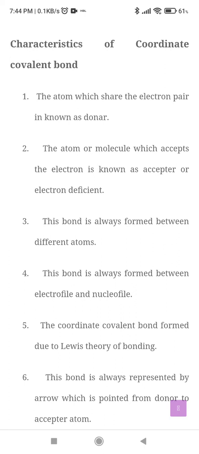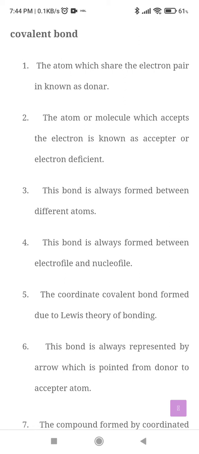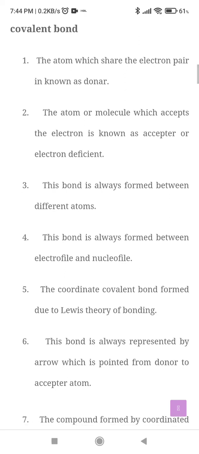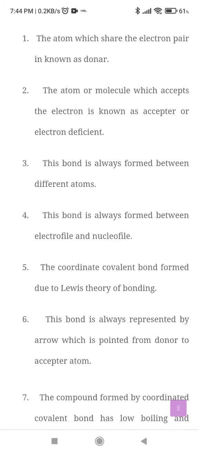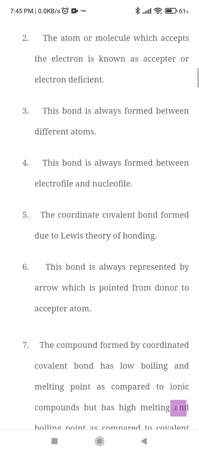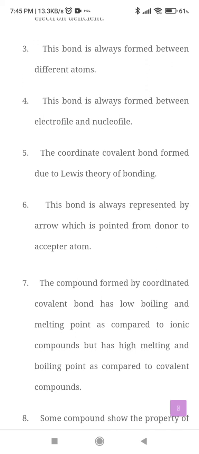This is also the most important thing. This bond is always formed between an electrophile and a nucleophile. An electrophile is an electron loving species, and a nucleophile is a nucleus loving species. A nucleophile attacks the positive part of any molecule, and an electrophile needs electrons.